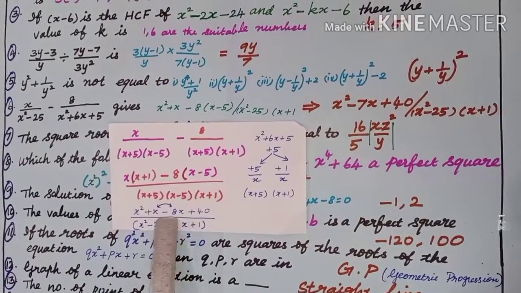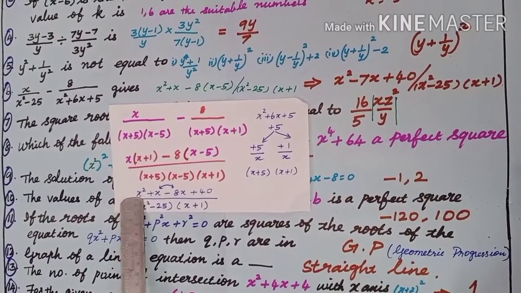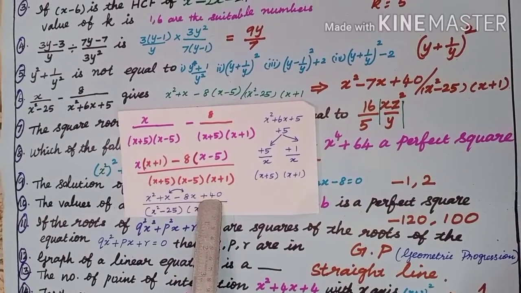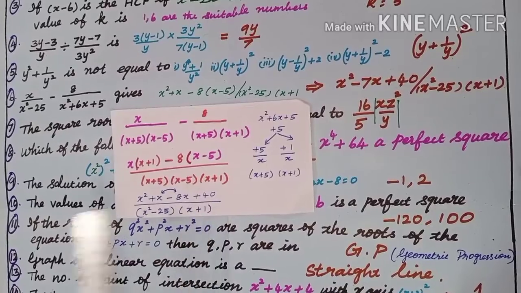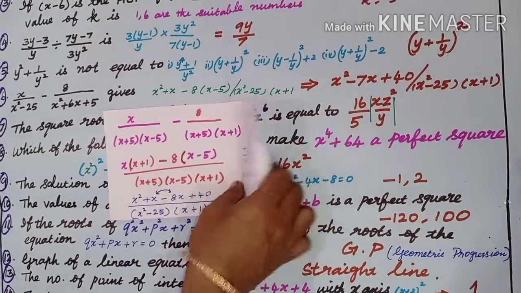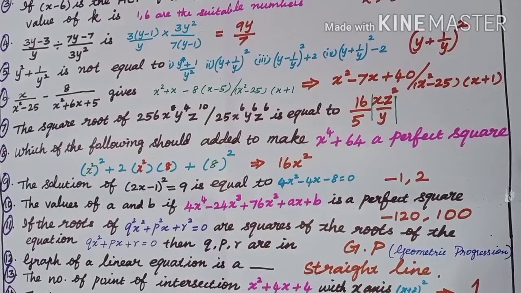After multiplying you will get this. So you add this: x squared minus 7x plus 40 divided by x squared minus 25 into x plus 1 is your answer.